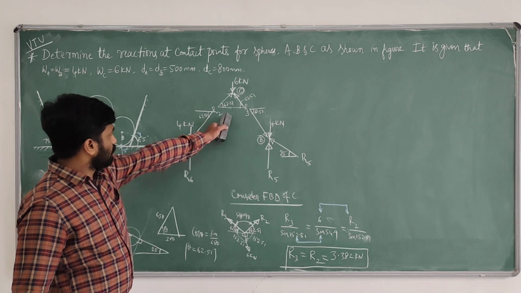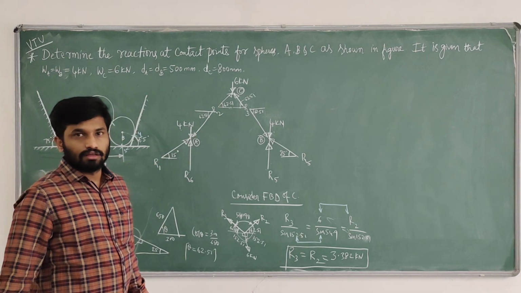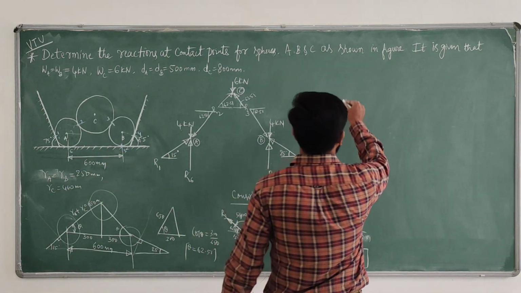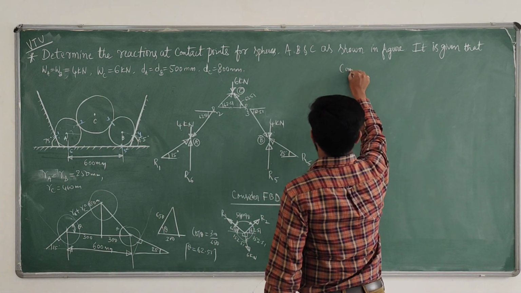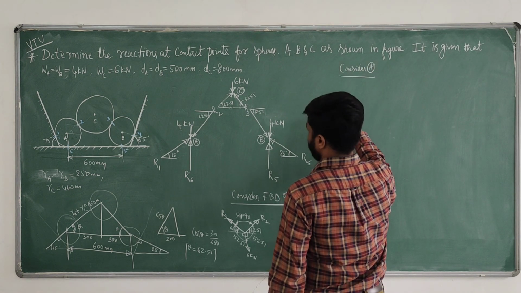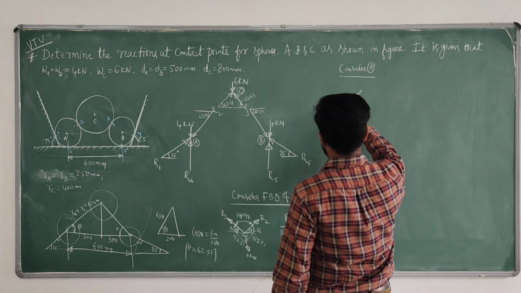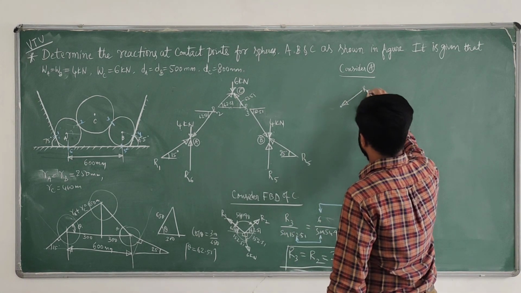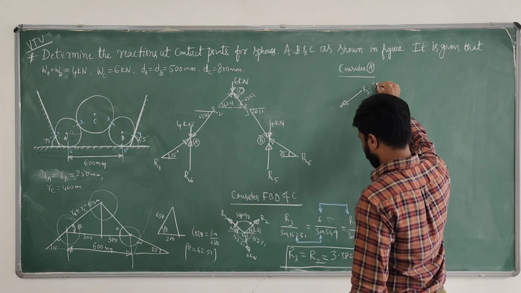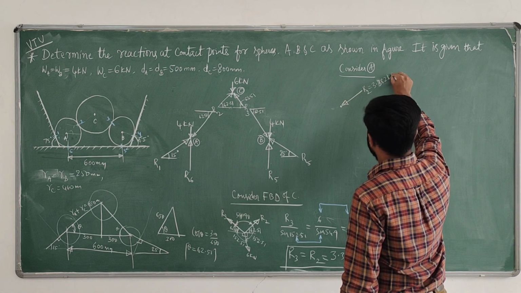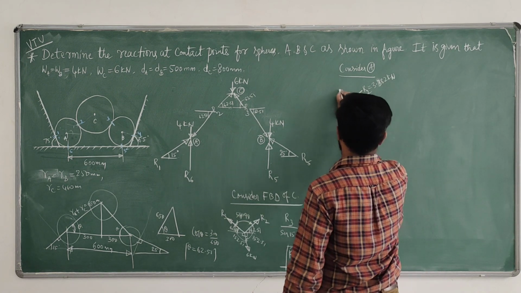Next, using this, consider A or B. First, I will consider A. So the R2 value is known: 3.382 kilonewton. The angle is 62.51.